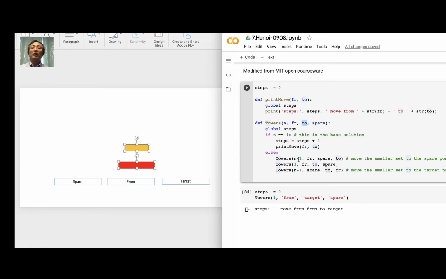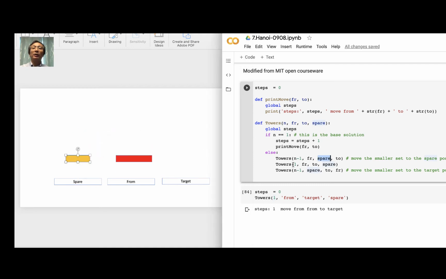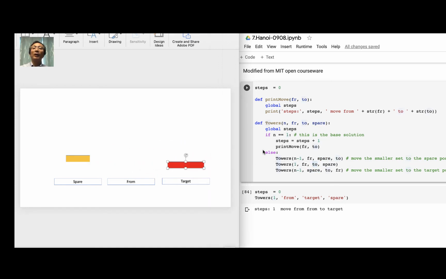We first move the smaller problem to the spare, move the remaining disk, the last one, to the target, and finally we move that smaller problem from spare to the target. That's the n-1 situation.